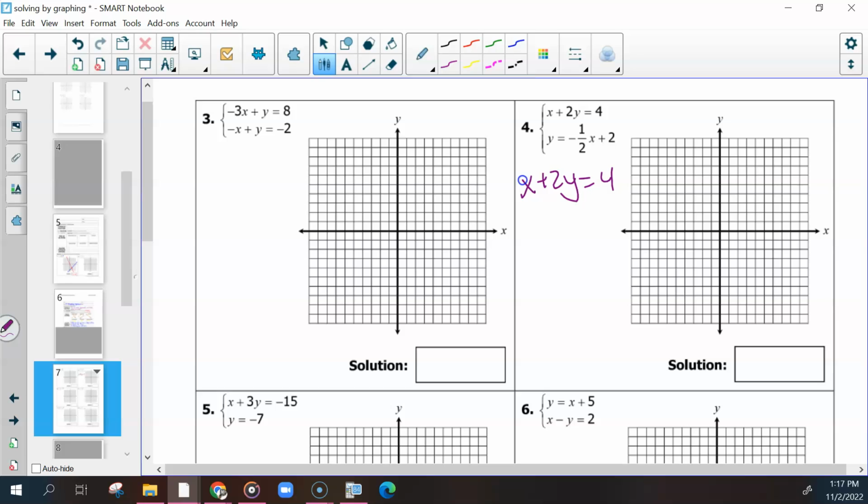I'm going to rewrite it so I have more space. And then we need to get this back in slope-intercept form. So as we did way back when, subtract x to the other side. And then I'm switching the order of x and the number so that it starts to look like y equals mx plus b.